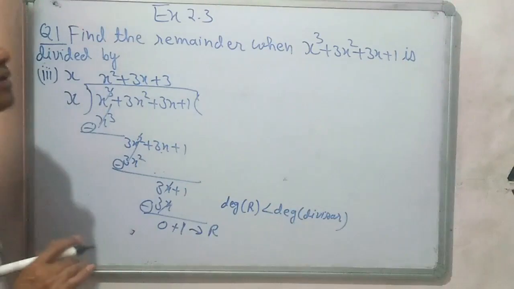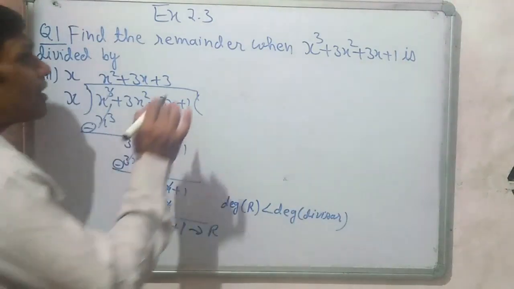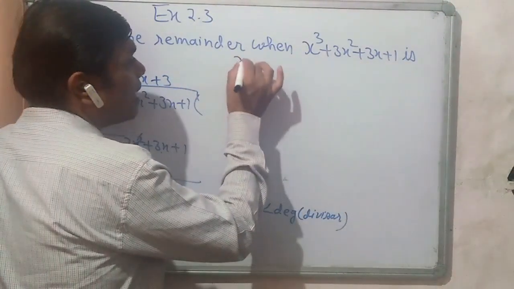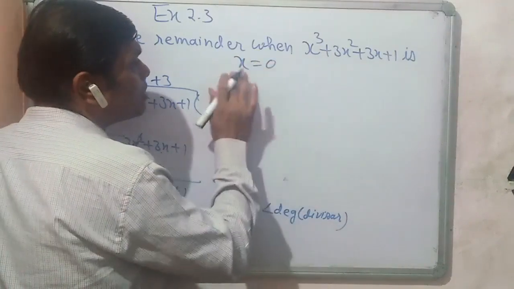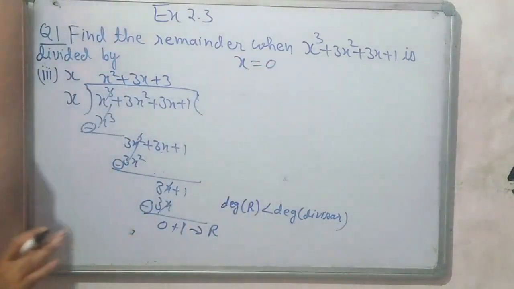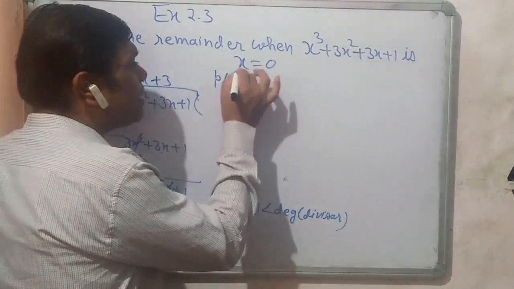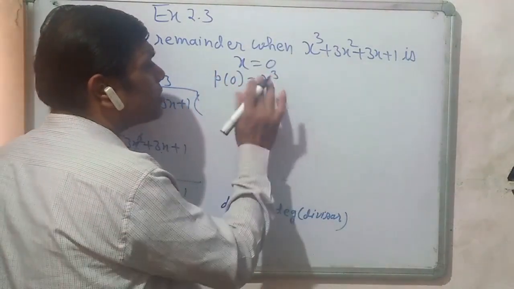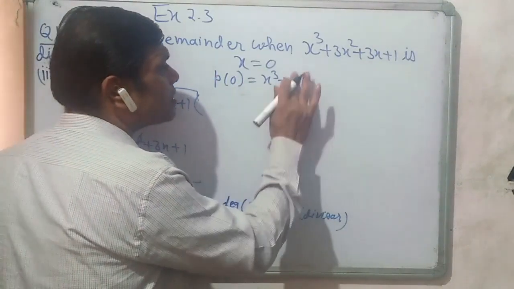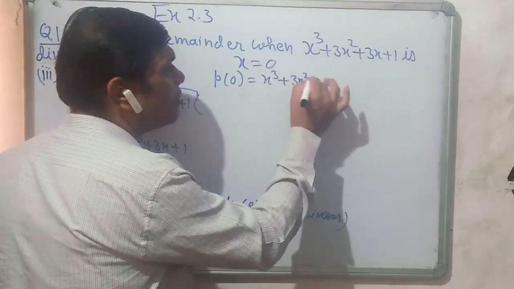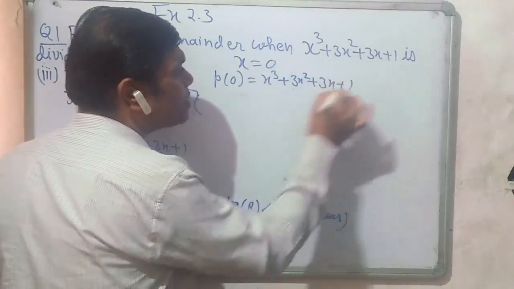This is the remainder. Let us verify with the remainder theorem. What is our divisor? x. If we put it equal to 0, the value of x is 0. That means we have to find p(0) for x cube plus 3x square plus 3x plus 1.